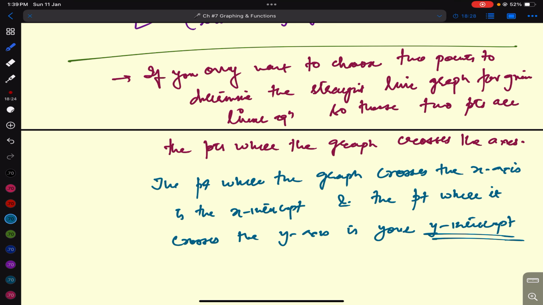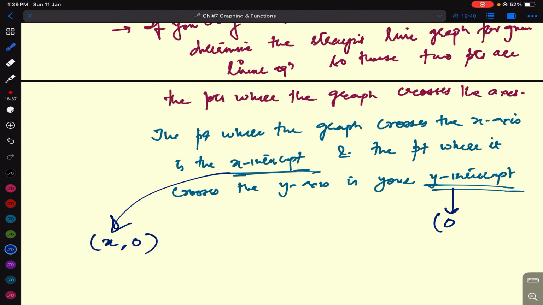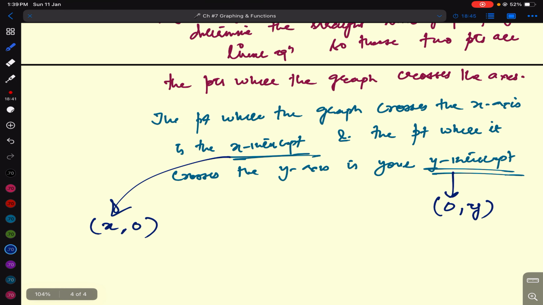These are the points known as the x-intercept and the y-intercept. One more thing you have to notice: for the x-intercept, the y-coordinate will always be 0, and for the y-intercept, the x-coordinate will always be 0. That is something you have to remember.